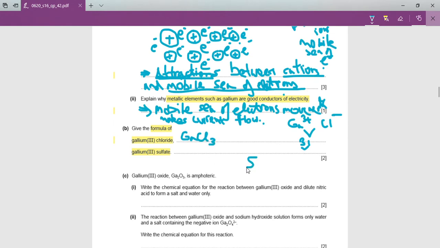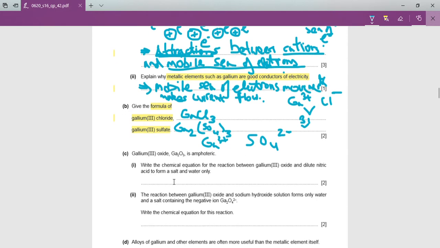Similarly, SO4 2 minus and Ga3+ gives you Ga2(SO4)3. This is pretty easy marks if you know your radicals and stuff like that.